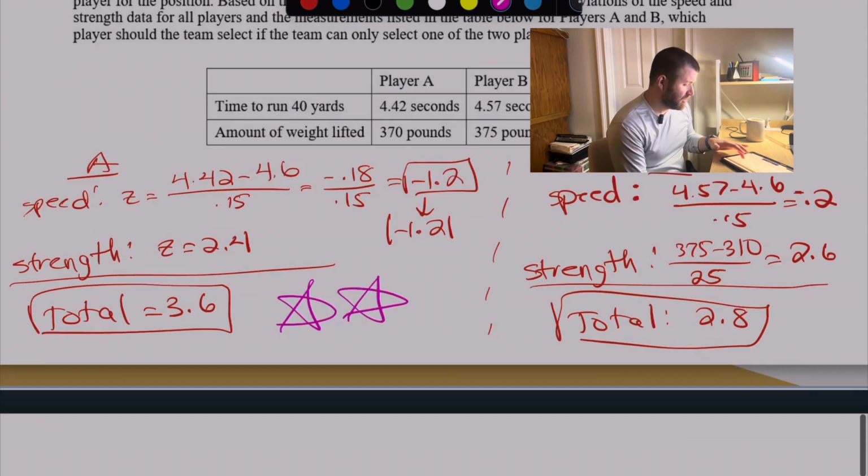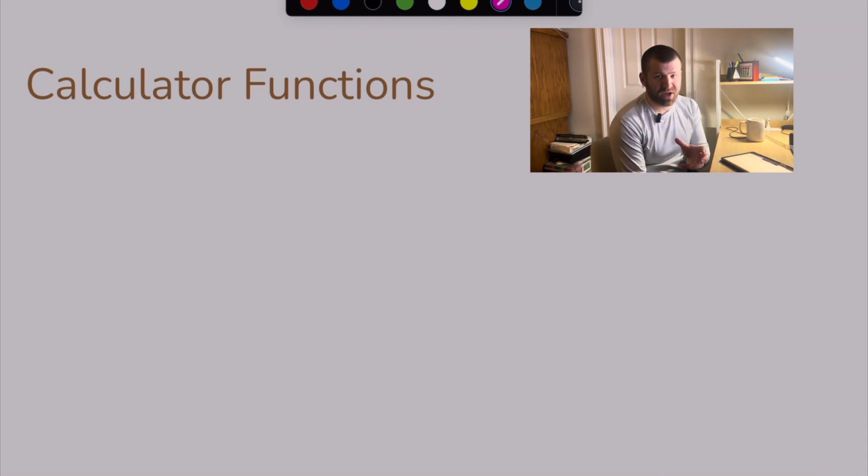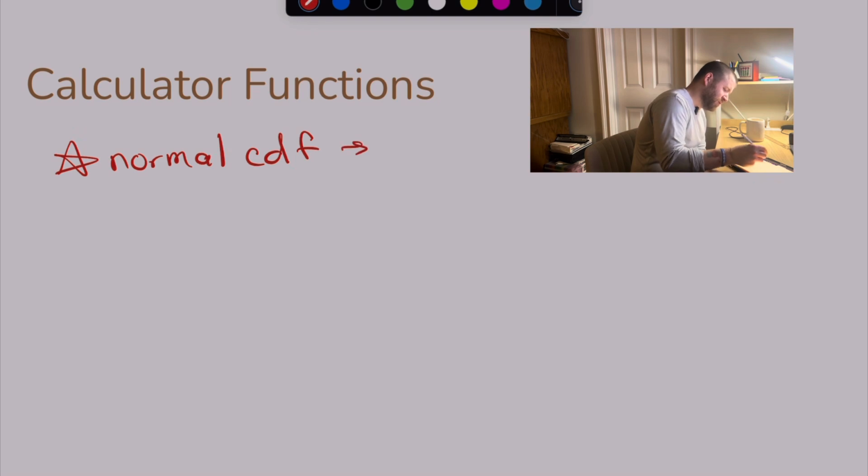And so some of the calculator functions, I'm going to make a separate video on this, but the two most important ones to remember for this one are normal CDF, which will give you a percentile from a data point.